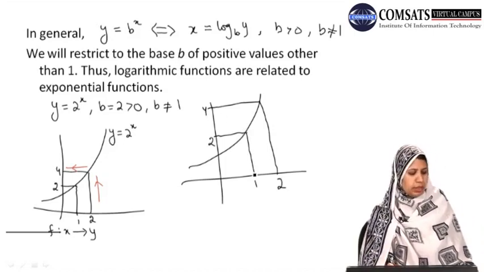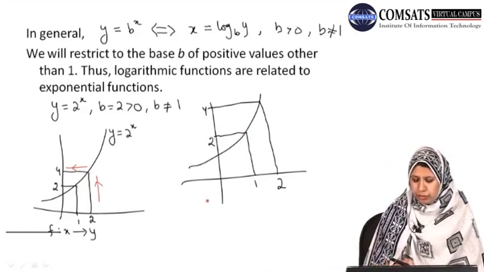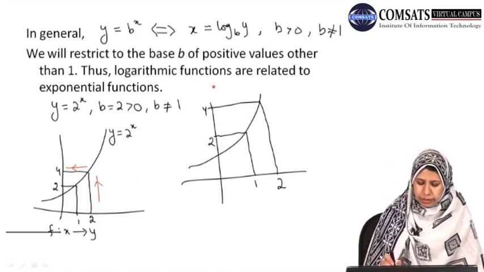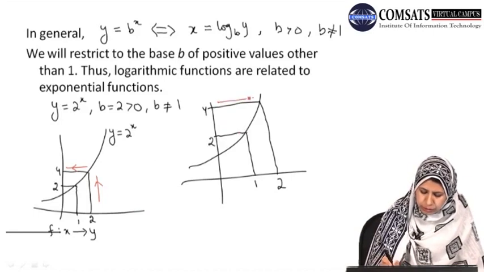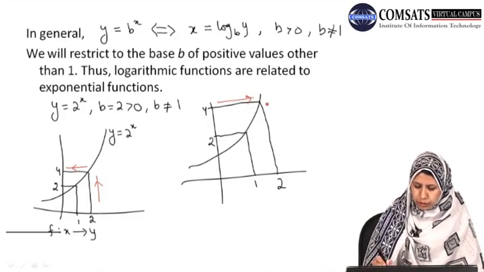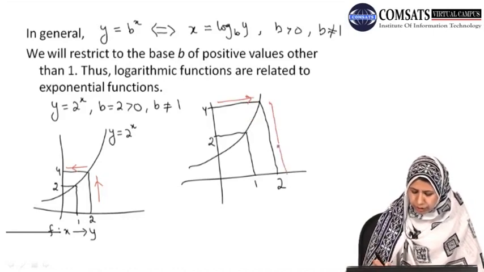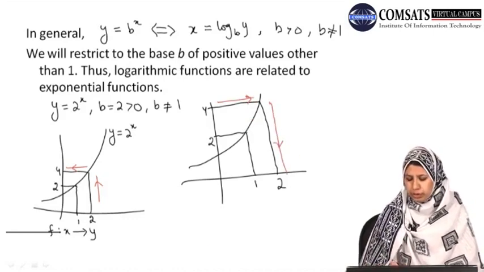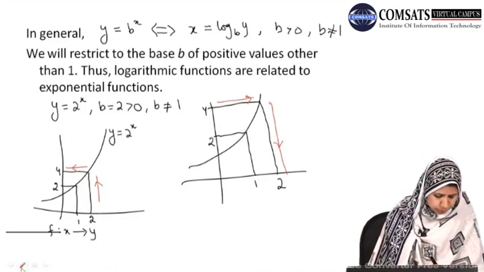Now, from the y-axis to the x-axis, what is happening? Corresponding to the output y equal to 4, there is only one input, x equal to 2.